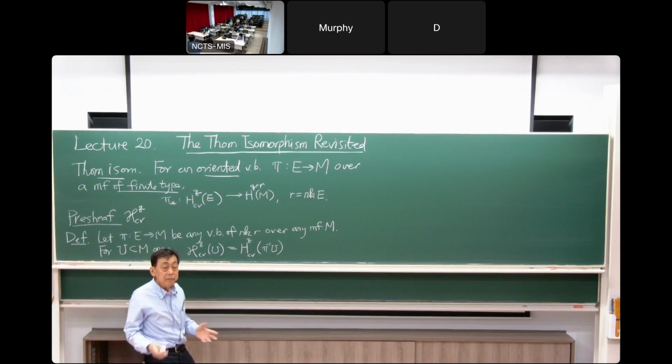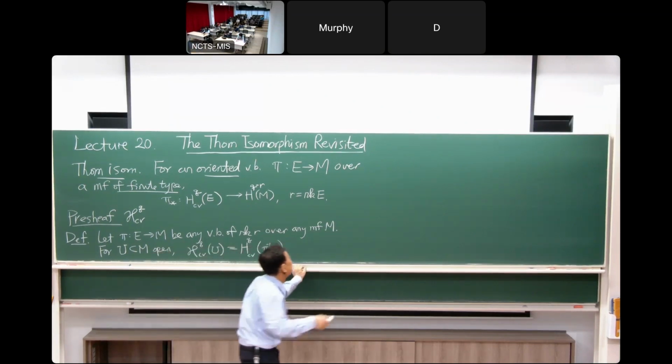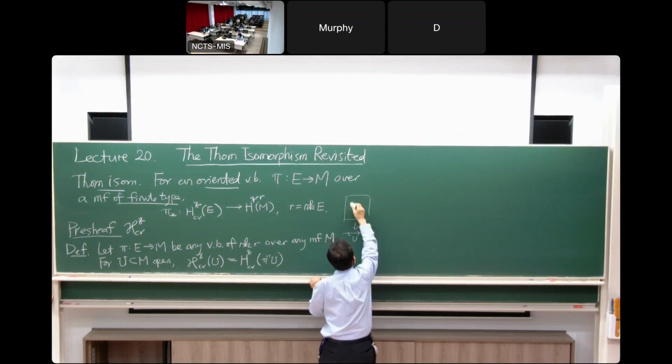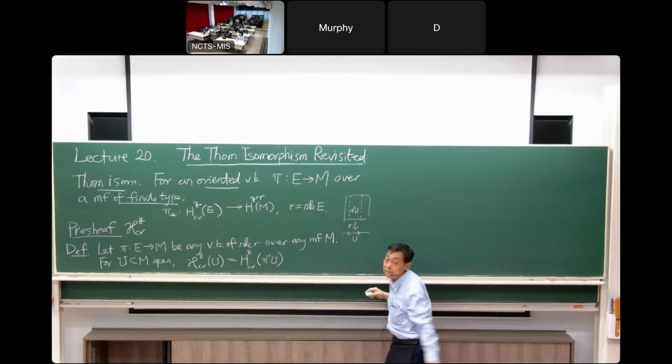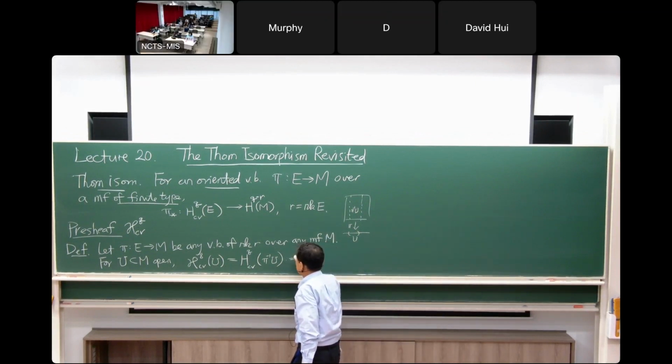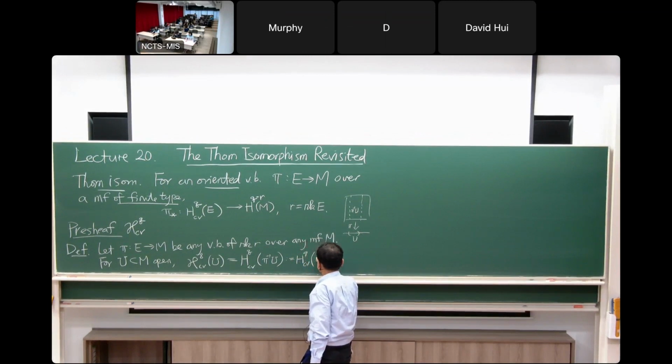Right, so if you have a vector bundle and you have an open set U, then the inverse image is also a vector bundle. And we sometimes write it as the vector bundle E restricted to U, right?